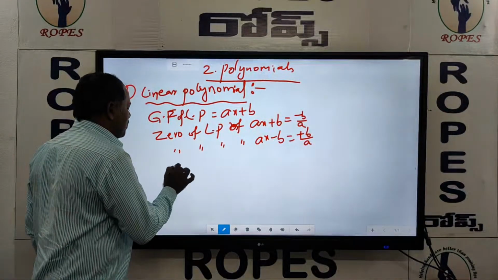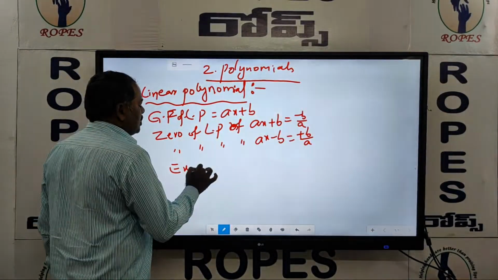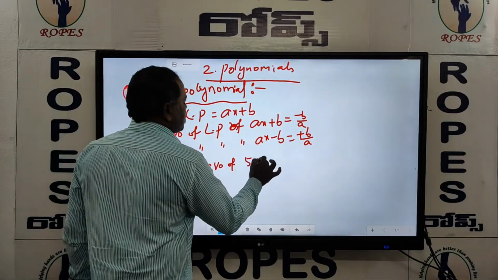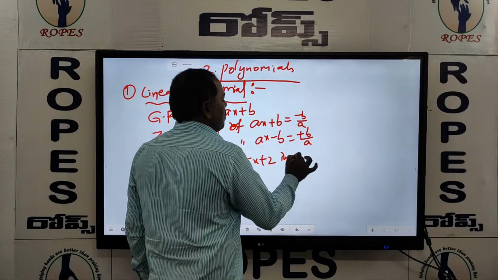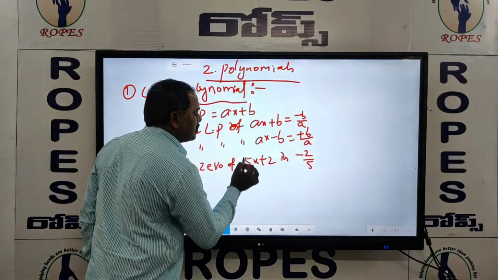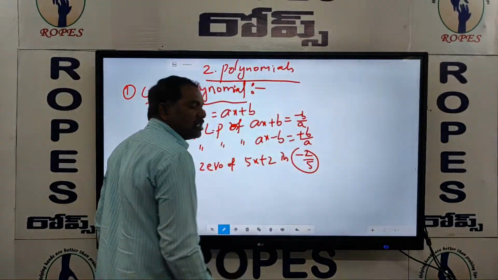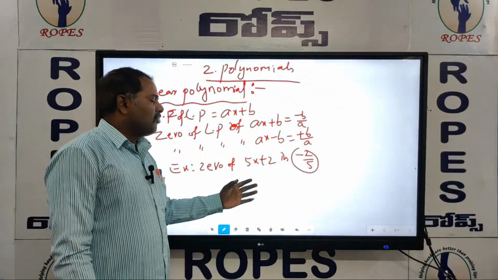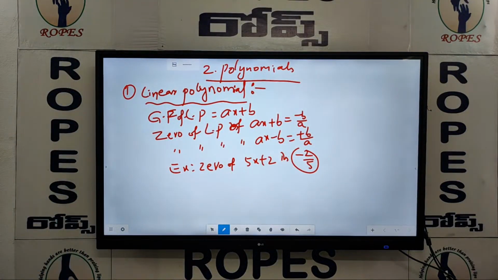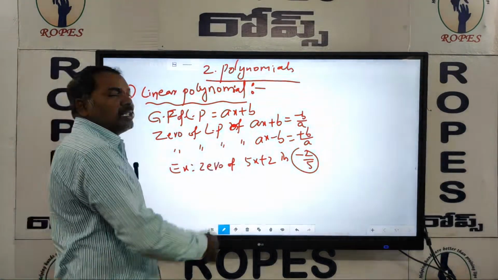See, for example, the zero of 5x plus 2 is minus 2 by 5. Here plus 2 is there, so minus 2 divided by 5. This is the zero of the polynomial 5x plus 2. In this method you can find the zero of a linear polynomial simply.